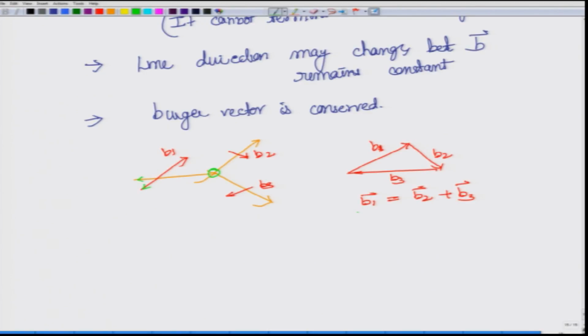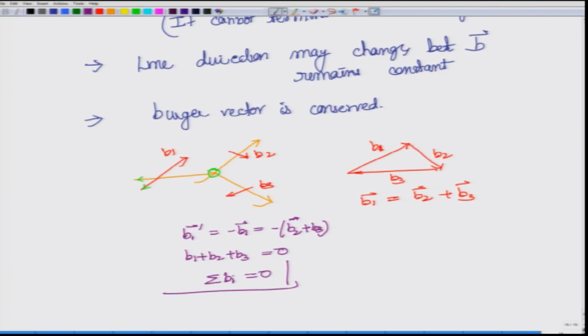Therefore, B1 prime would be equal to minus B1, equal to minus B2 plus B3, and therefore what we have here is B1 plus B2 plus B3 equal to 0. So, the summation of Bi equal to 0. So, this is another way to represent that there is conservation of Burgers vector.